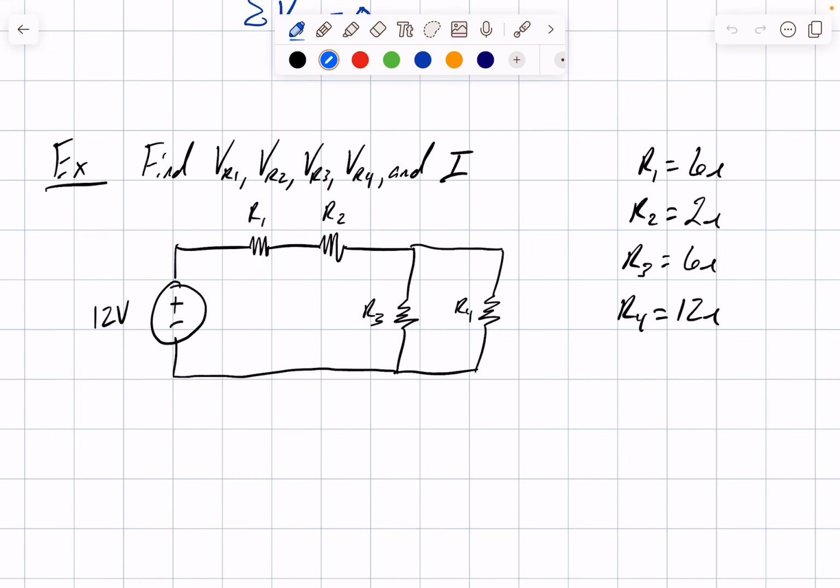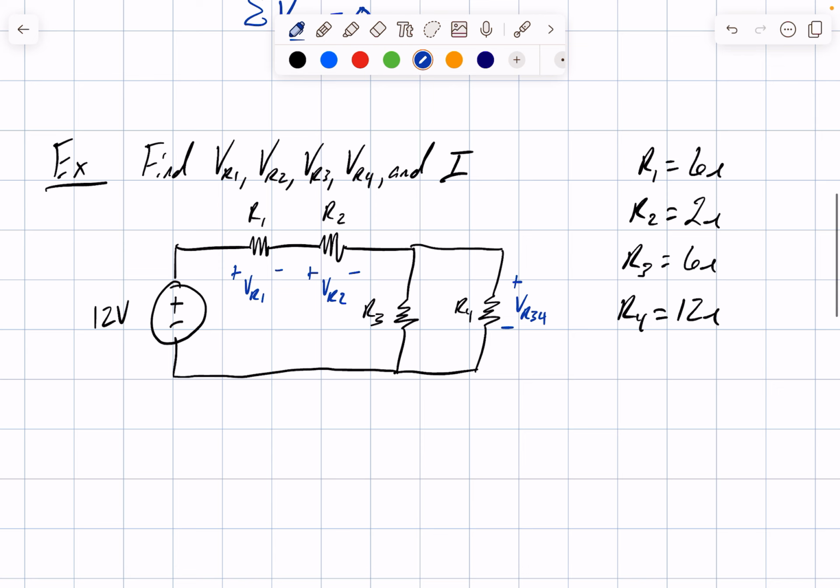But before we get to that, let's label each resistor with a voltage. I'll say plus or minus VR1, plus or minus VR2, and plus or minus VR3,4.